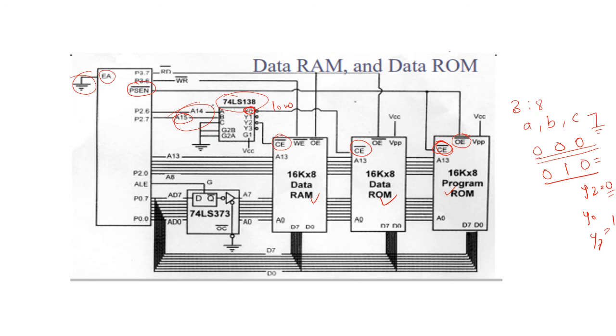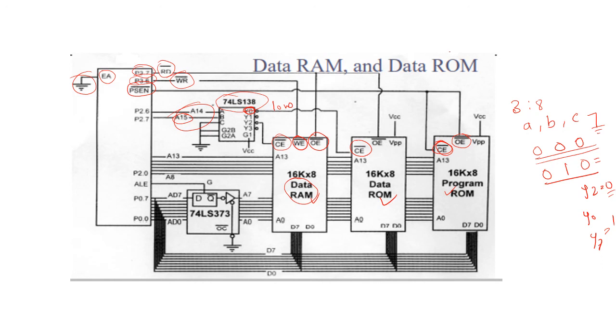Since the data RAM supports read and write operation, we need to connect write enable to the write bar signal, that is port 3.6, and output enable has to be connected to the read bar signal of the microcontroller, that is port 3.7.